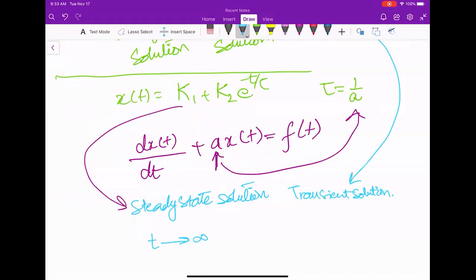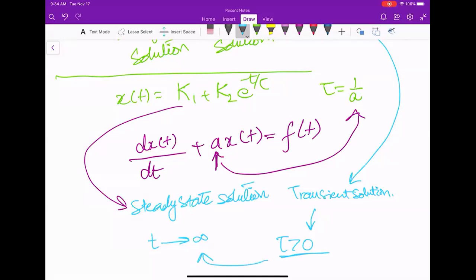Okay, and the transient solution means that your circuit is not in the stable state, but it is at time greater than 0. So what you should say is, if tau is greater than 0, then your transient solution is before this solution.